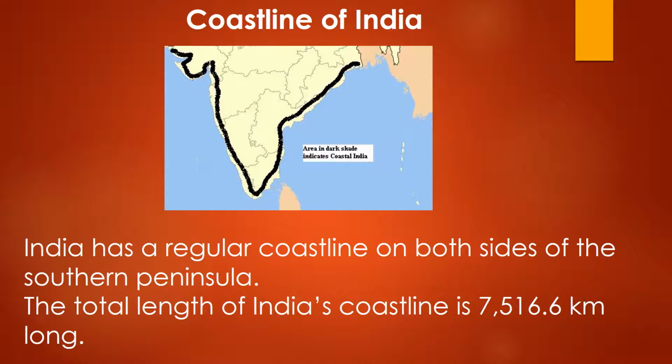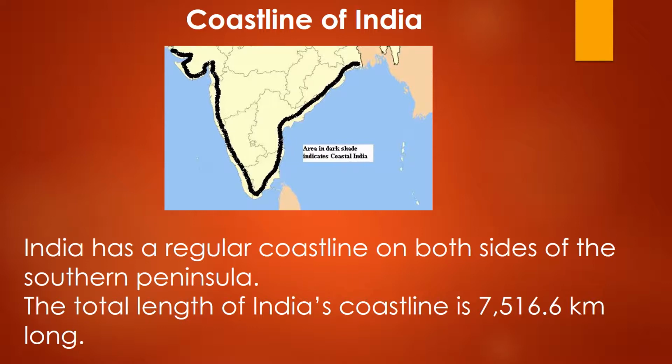India has a regular coastline on both sides of southern peninsula. The total length is 7,516 kilometers, and the southernmost point of Indian mainland is Kanyakumari, where Bay of Bengal and Arabian Sea meet. It is the meeting place of three seas, namely Arabian Sea, Indian Ocean and the Bay of Bengal.